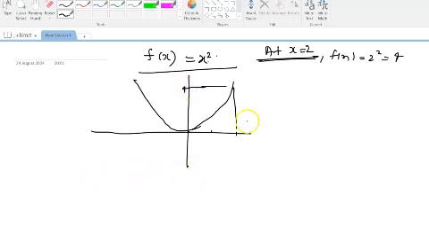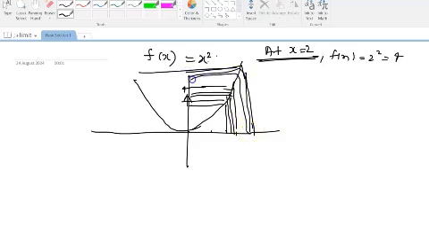So when we approach from left side, we can see that f(x) is moving upwards toward 4. And suppose we are approaching to the right side, we can see again that our f(x) is moving towards 4.